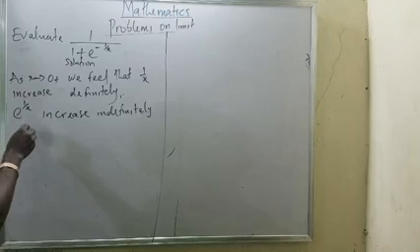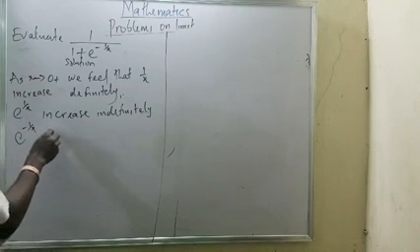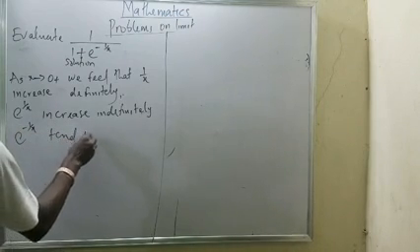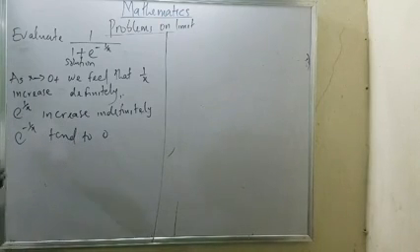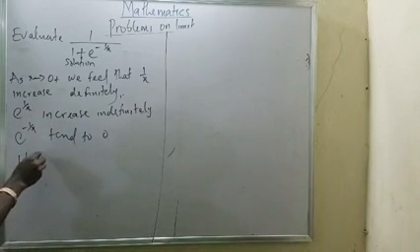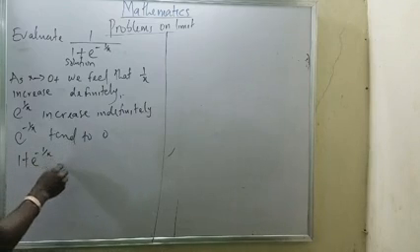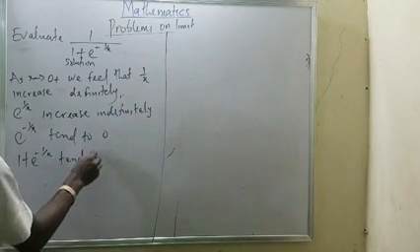It means e raised to power minus 1 over x tends to 0, so 1 plus e raised to power minus 1 over x tends to 1.